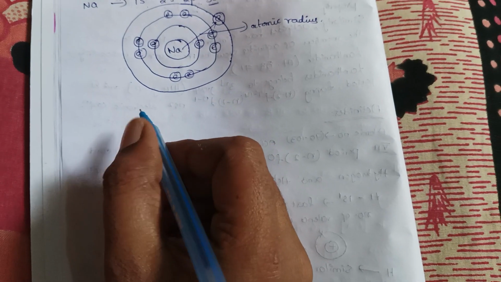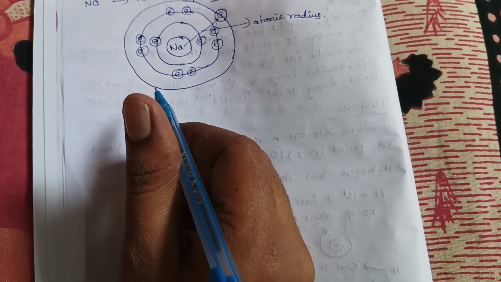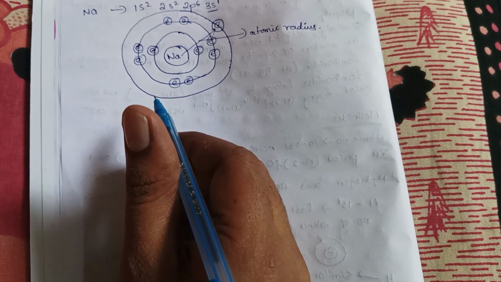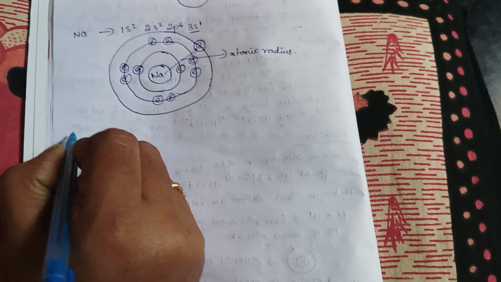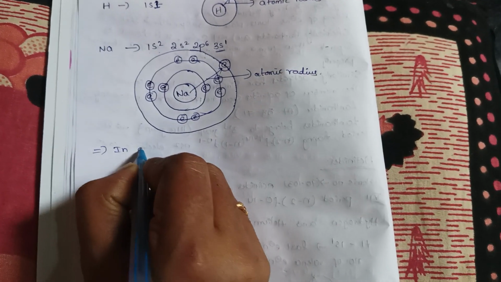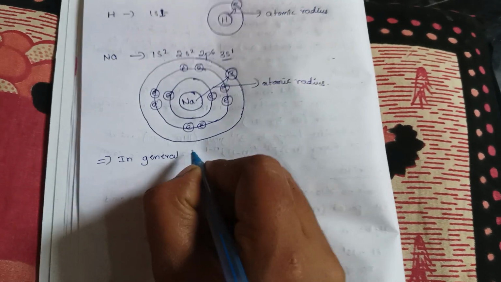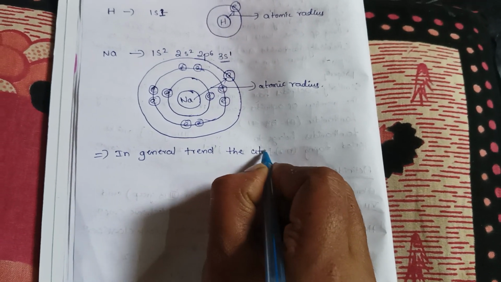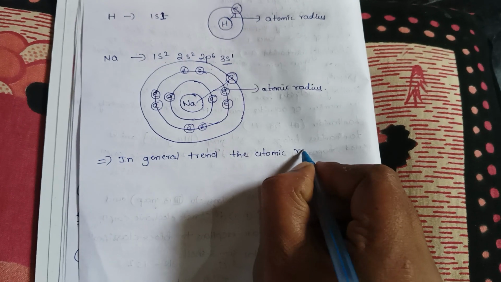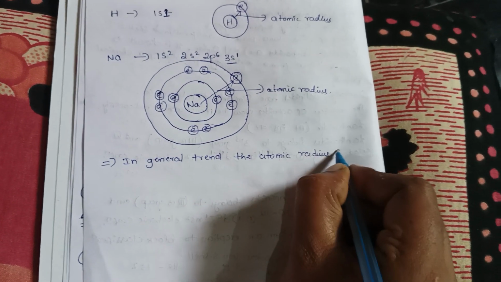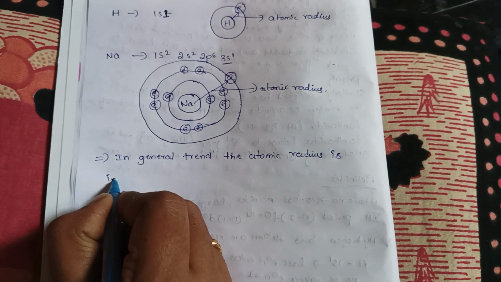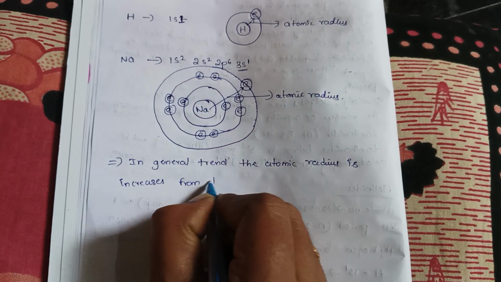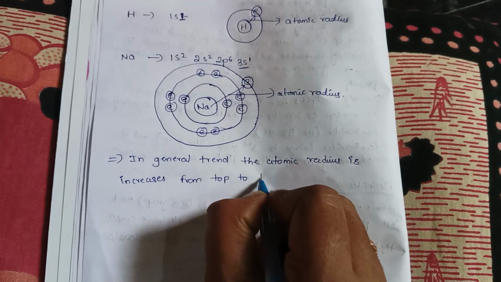In general trend, atomic radius increases from top to bottom. Across the period, atomic radius decreases. In general trend, the atomic radius increases from top to bottom.